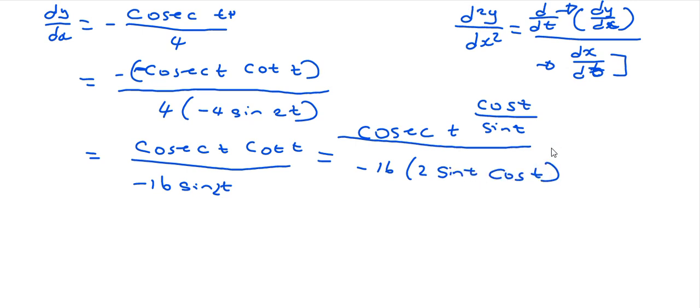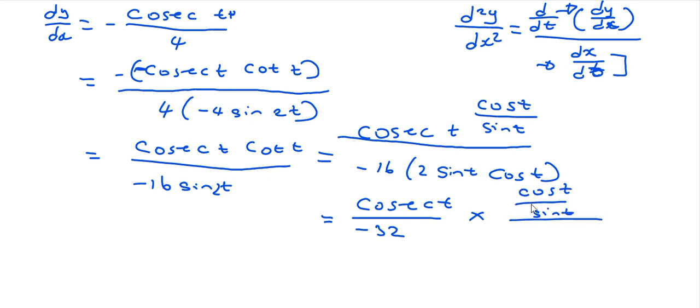Let's try to separate this. This is going to be the same as cosec t over negative 32 times cos t over sine t, all over sine t times cos t.